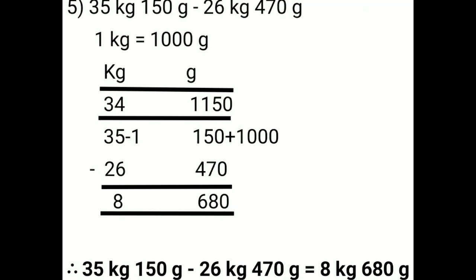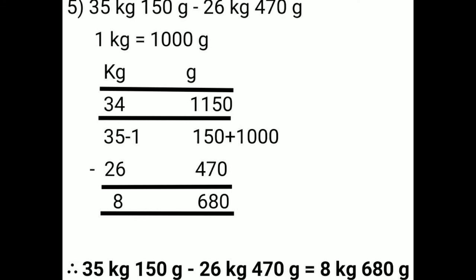Sum number 5: 35 kg 150 gram minus 26 kg 470 gram. Here the two given units are kg and gram. 1 kg is equal to 1000 grams. So we'll first note down the relation here.